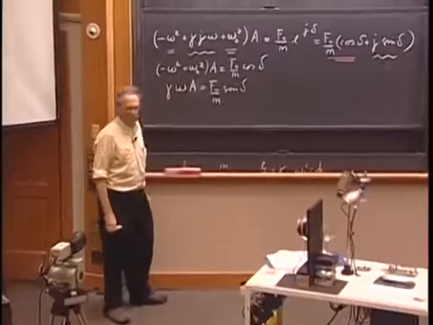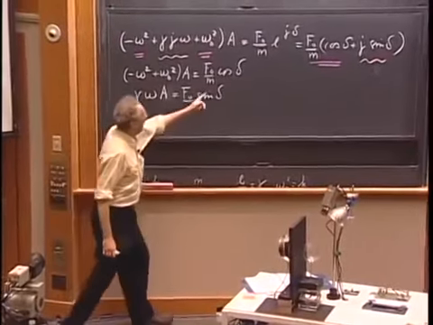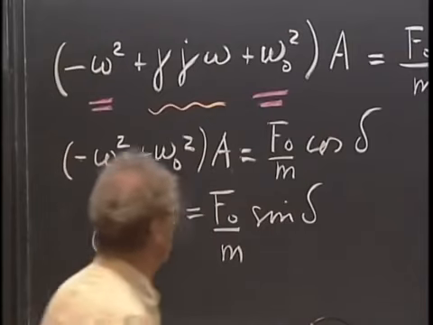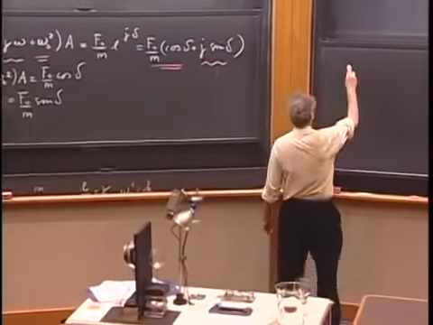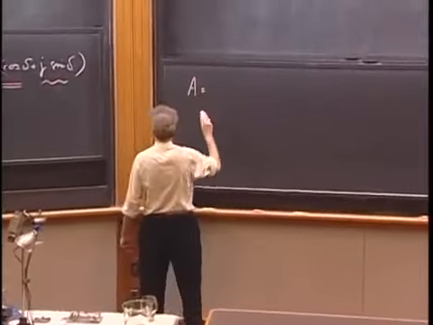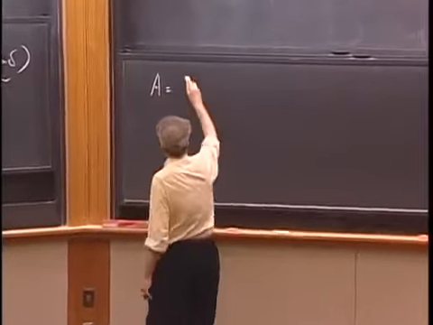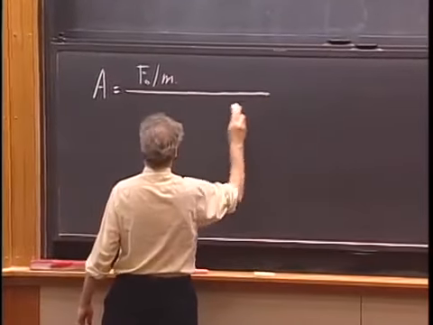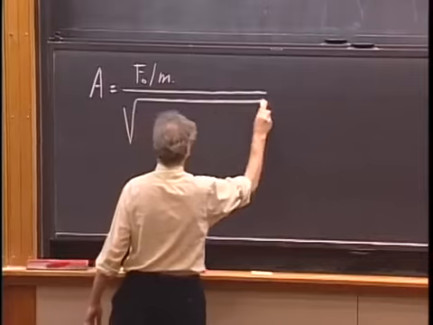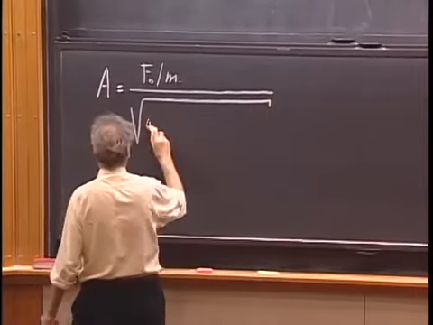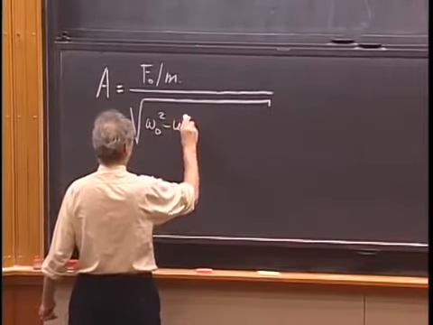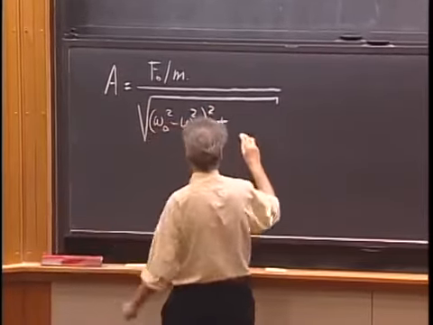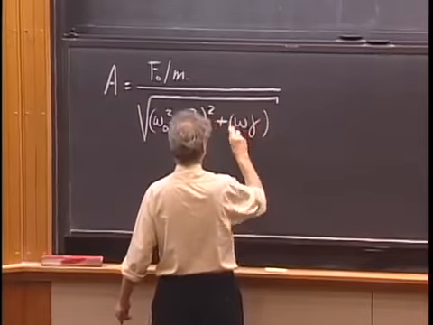If you square them, then you get sine squared delta and cosine squared delta, and you add them up, that's 1. And so that immediately gives you what a is. So a is going to be f0 divided by m upstairs, and downstairs you're going to get the square root of omega 0 squared minus omega squared, squared, plus omega gamma squared.